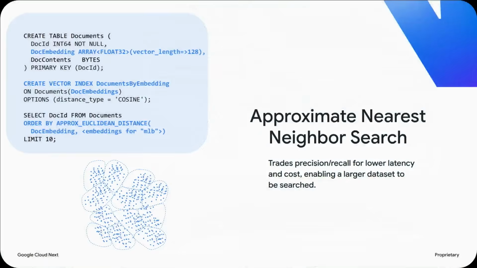So at the top there, we see a table called documents that we have defined. You basically have a doc ID string and some doc contents, which are the contents of your document. And then you can use an ML model to generate the embedding for each document row, right? So that is the doc embedding row that you see, which is basically an array of floats. So with KNN search, what you can do is directly use that embedding column and filter on it.